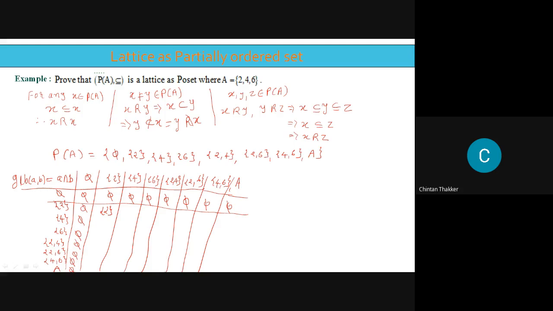Then the intersection of singleton 2 and singleton 4 is phi, here again phi, here singleton 2, here singleton 2. Here the intersection is phi because singleton 2 and {4, 6} have no common element, and singleton 2 and A gives singleton 2. This way you have to complete the whole table.